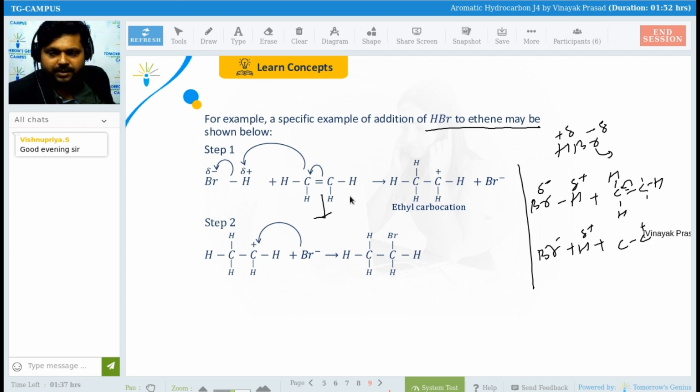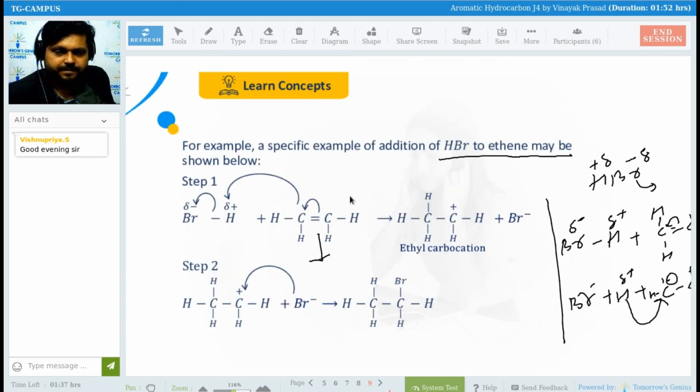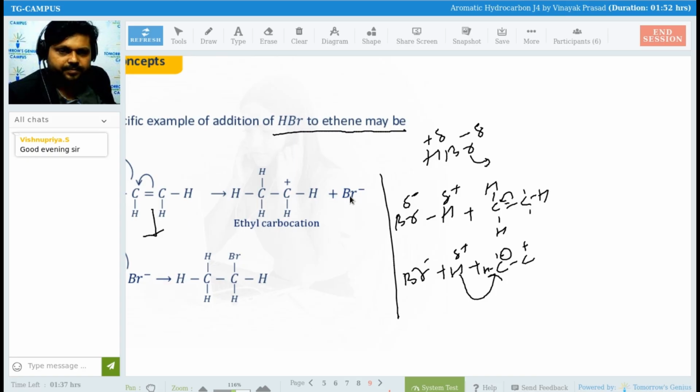So this carbon will have a positive charge, and this will have a minus charge. This H plus will go and join this carbon, right? So how will you get the new product?